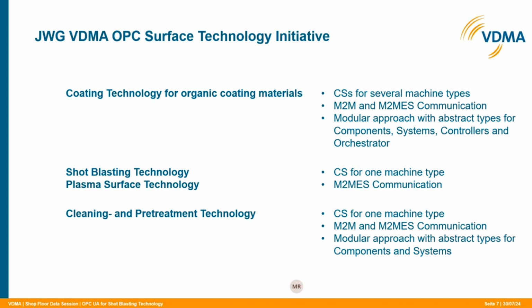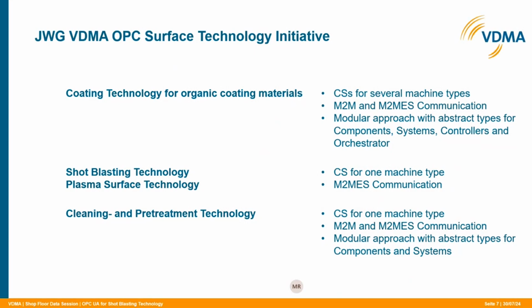For shot blasting, but also for plasma, we only have to cover one machine type, and that makes it far easier. And we are looking in this companion specification only at the machine-to-MES communication.